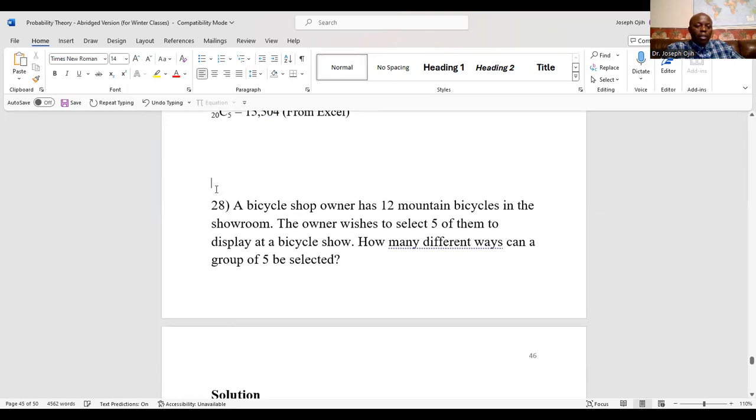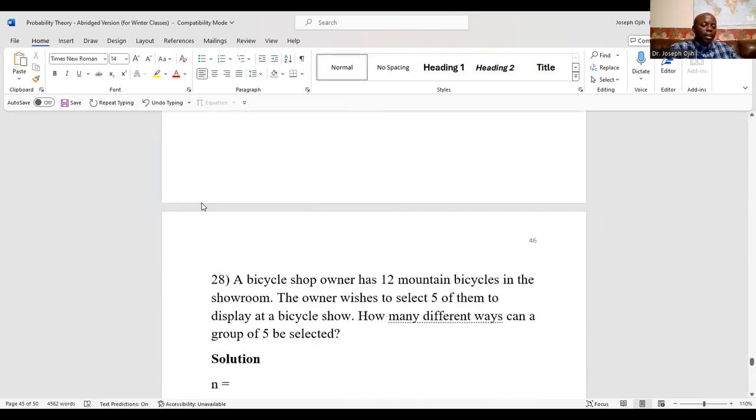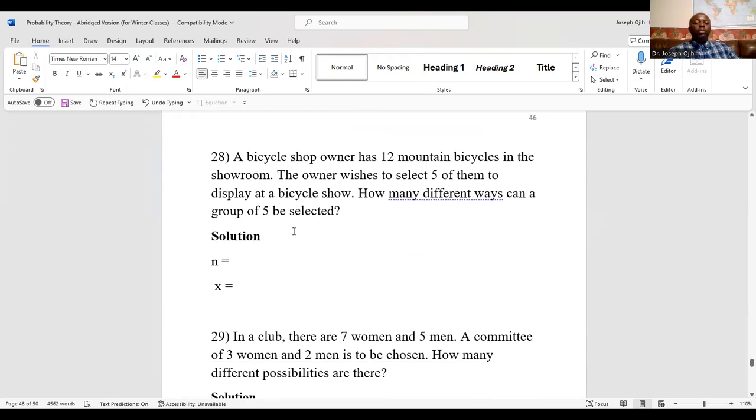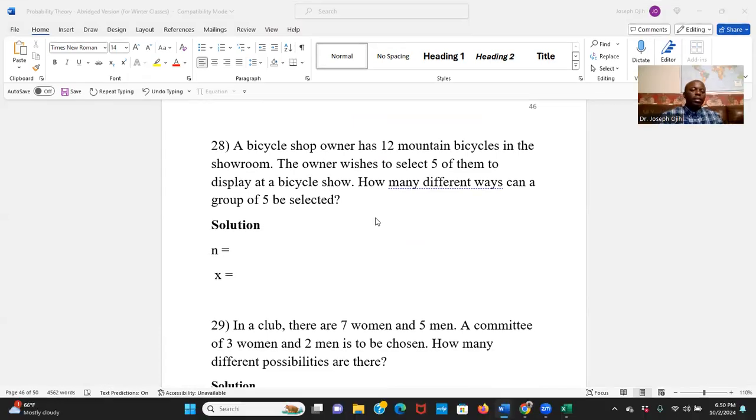Look at this question. It says a bicycle shop owner has 12 mountain bicycles in the showroom. The owner wishes to select 5 of them to display at a bicycle show. How many different ways can the group of 5 be selected? So there's no specific order.